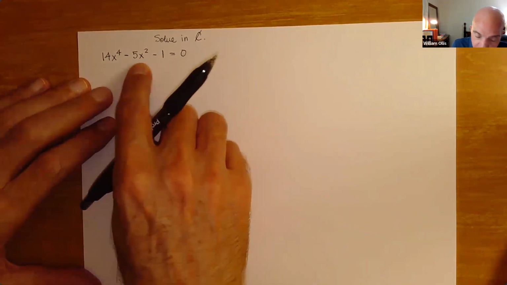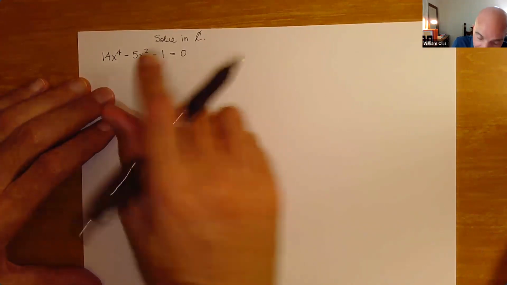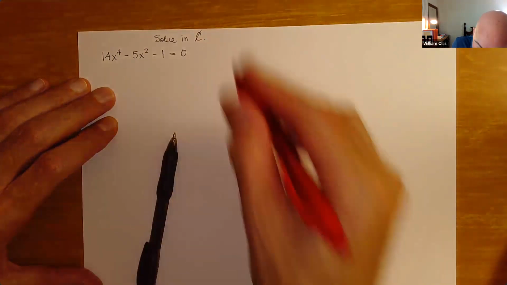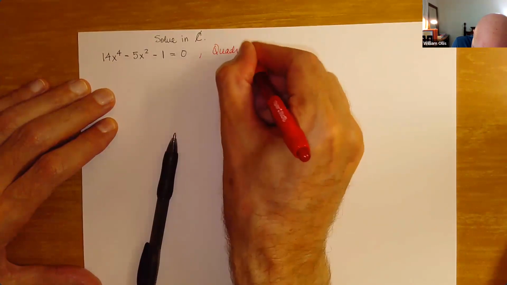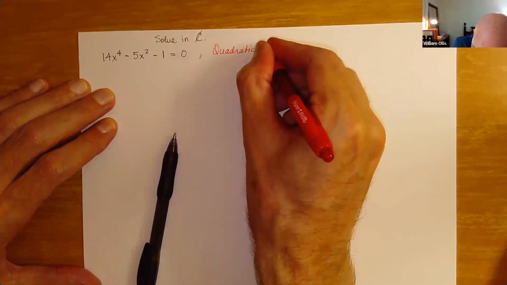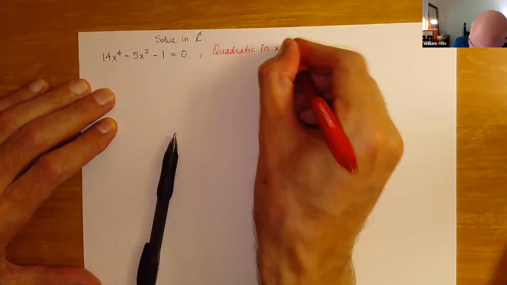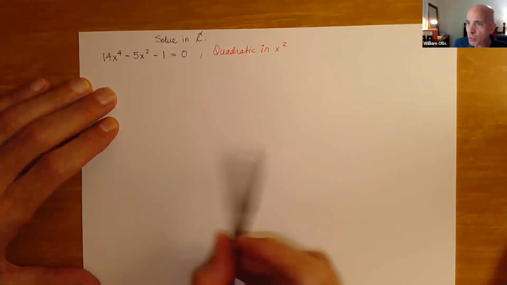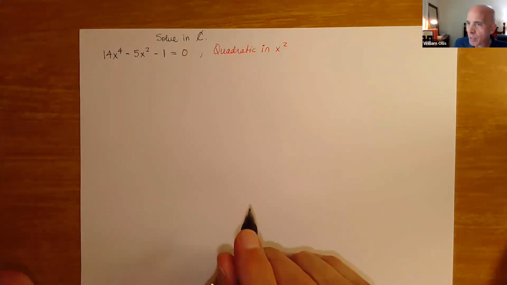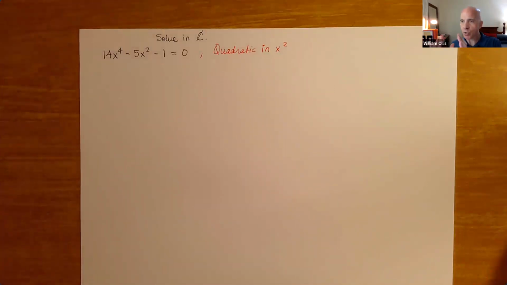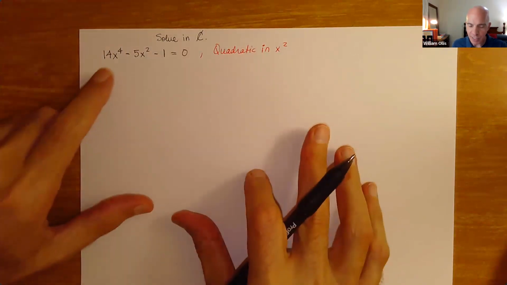Notice, instead of quadratic in x, I'll just write this, we have quadratic in x squared. So we don't have to worry about making any changes. We'll just treat x squared as the non-squared term, and then x to the fourth, which is the square of x squared, as the squared term.